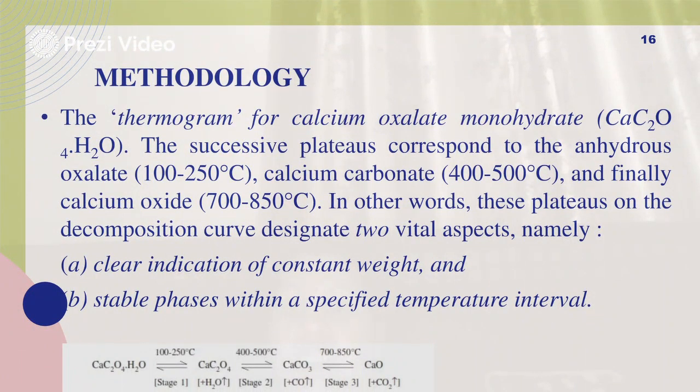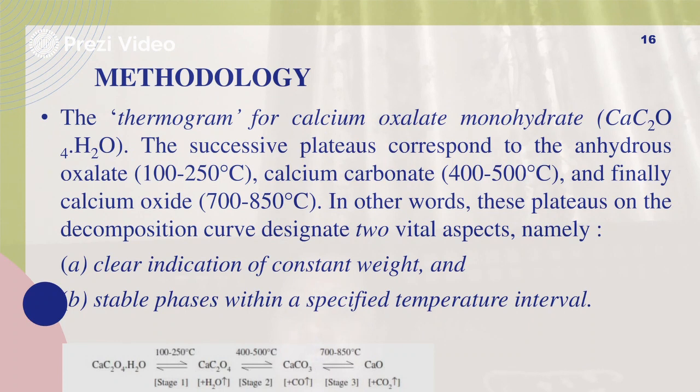We take one example, calcium oxalate monohydrate, whose formula is CaC2O4 with one water molecule. At 100 to 250 degrees Celsius, the first stage occurs and there is a loss of water.